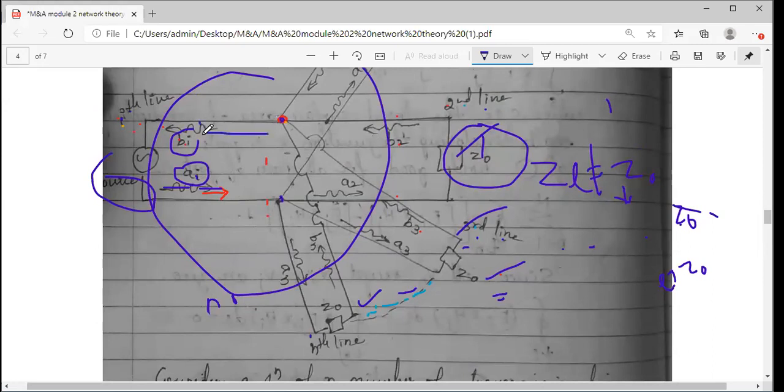That is Bi. And whatever remains, since it is not completely reflected, some part will remain, and that will get divided among all these lines. So a small part will be reflected, and what remains will be distributed among all these lines.